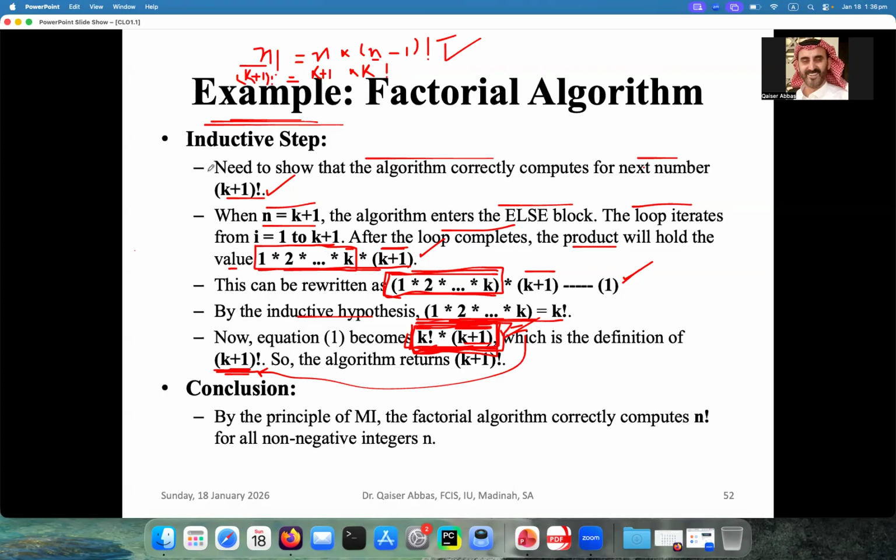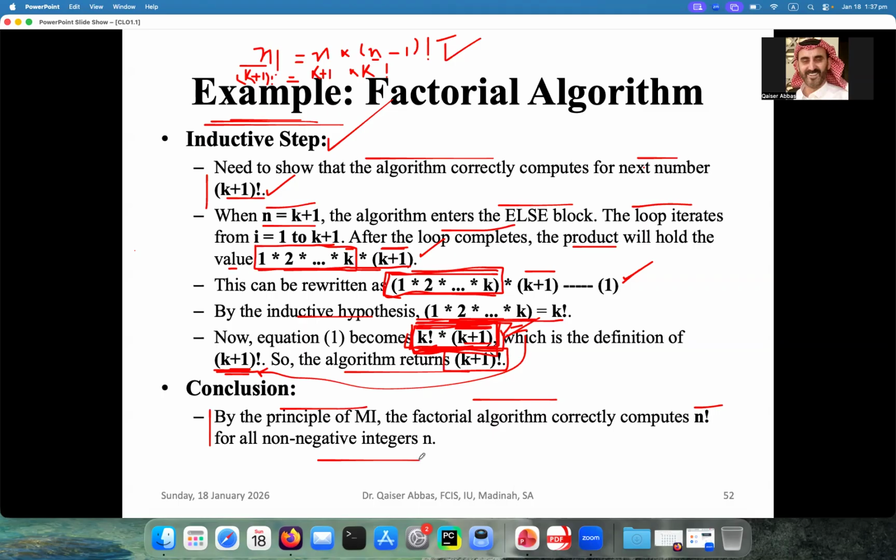And now this step number 2 is proved. Then I can say that the algorithm will return k plus 1 factorial for this inductive step. Finally, what you can write is: by the principle of mathematical induction, the factorial algorithm correctly computes n factorial for all positive integers n.